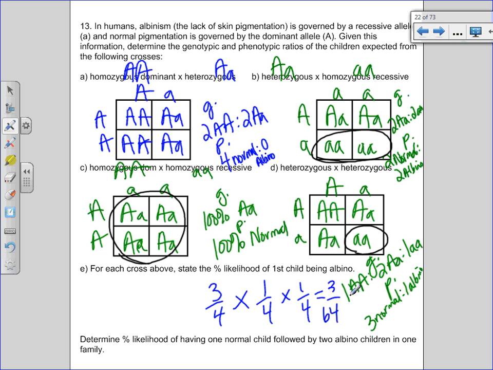Okay, so again, because there are no chances of having albino children in A or C, you'd be multiplying by a 0. So when we do this, we're doing what's called the product rule.